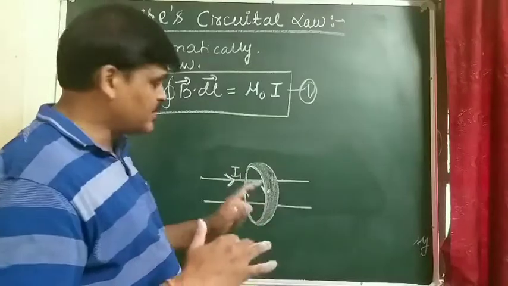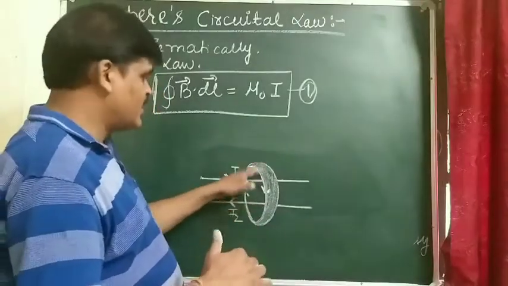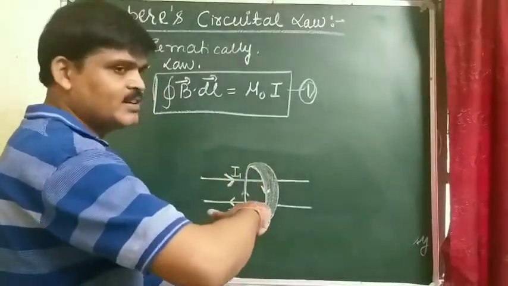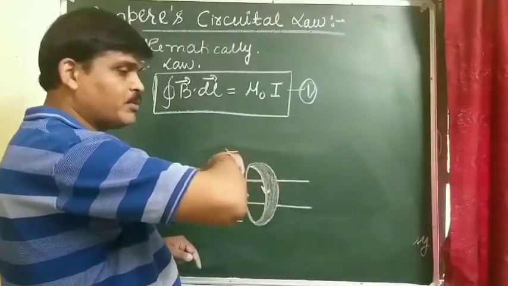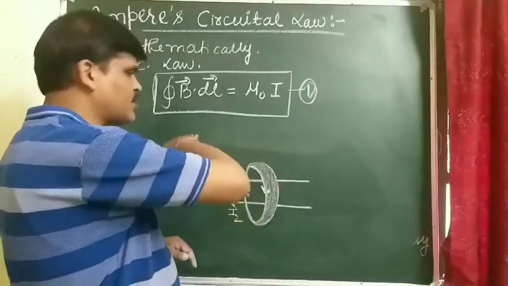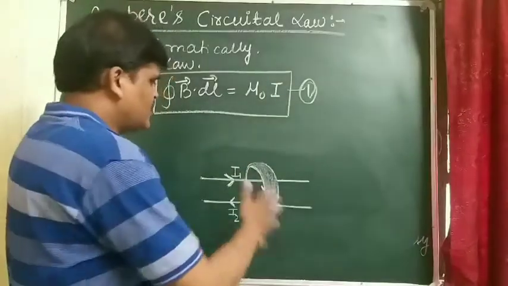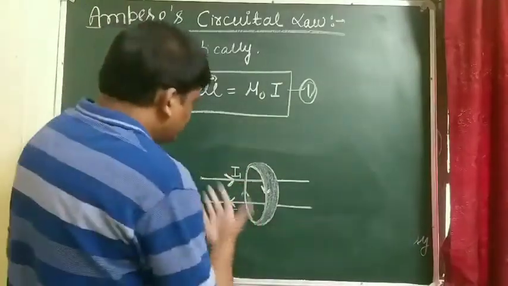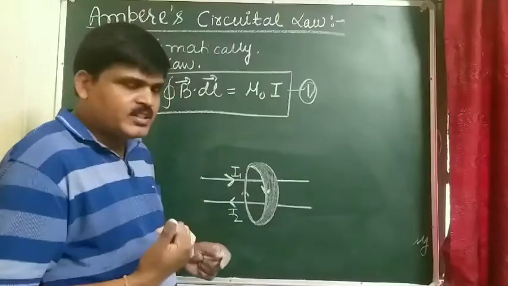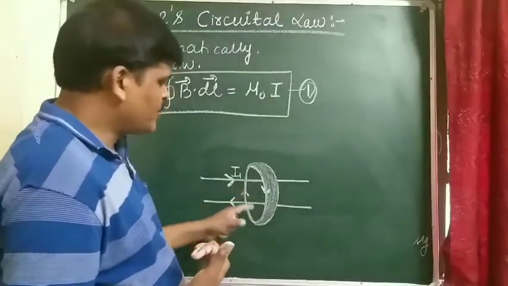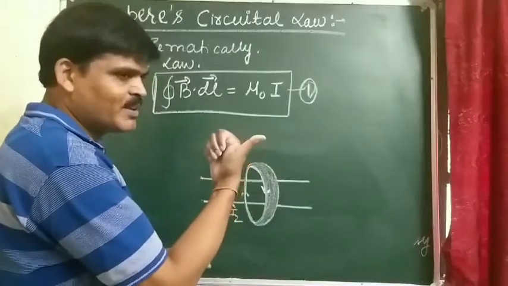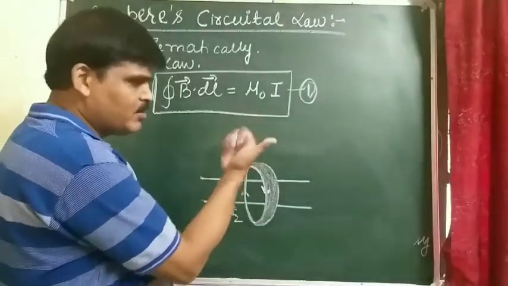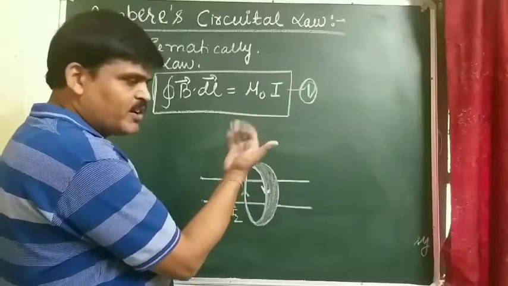If the boundary is traversed in the anti-clockwise direction, then the thumb gives the positive direction of the current, which is outward. So you can easily find which current in the loop is taken to be positive: the thumb gives the current direction, and the curling fingers show the direction the boundary is traversed.